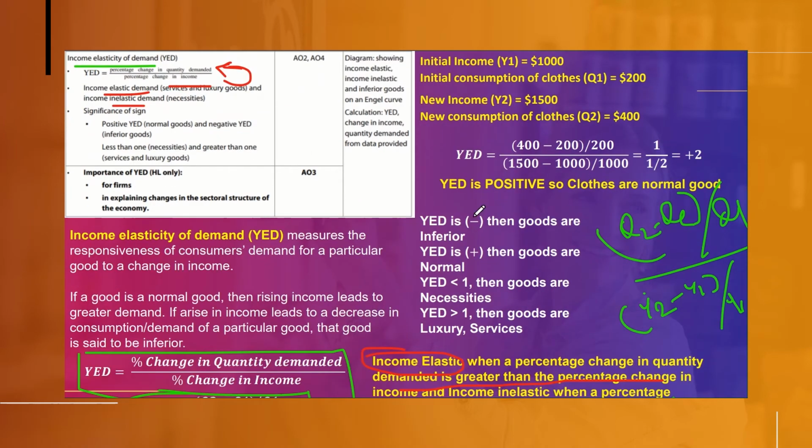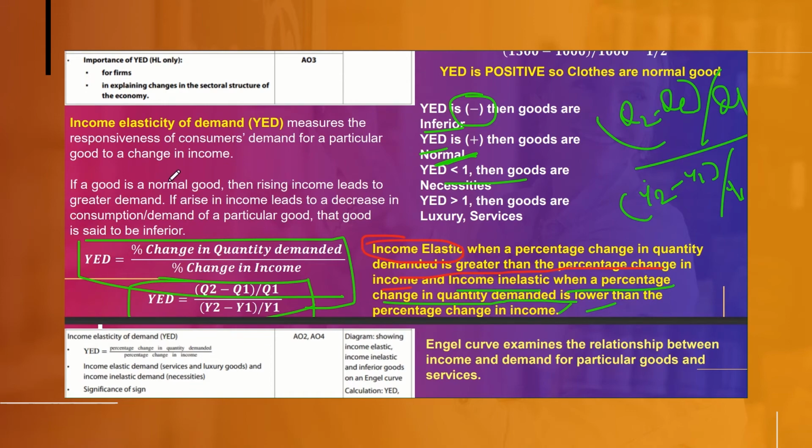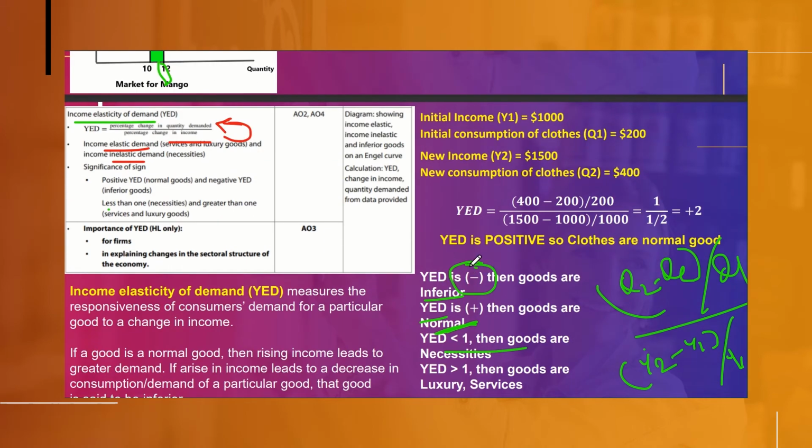See, remember, if the YED is negative, then the good is said to be an inferior good. And if the income elasticity of demand is positive, then it is said to be a normal good. Once again I am repeating: if the income elasticity of demand value is negative, then that is inferior, which means as income increases, demand for that product falls.